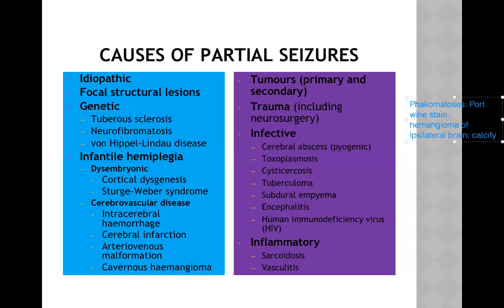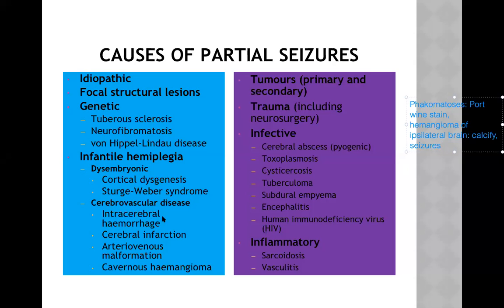This is the mechanism, because the hemangioma occurs on the ipsilateral brain where the port wine stain occurs. And the third important point is intractable seizure. So these are the important points in Sturge-Weber syndrome.